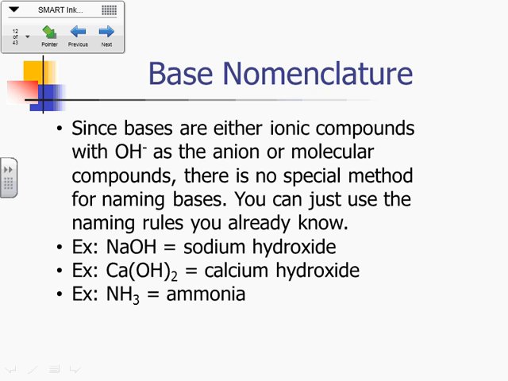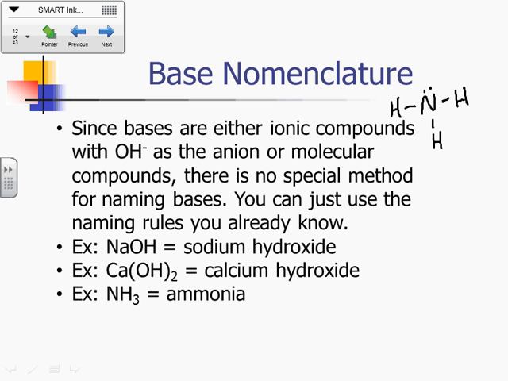NH3. Do we know if that's ionic or covalent? It kind of looks ionic, but when you've got a hydrogen with a non-metal, when the hydrogen comes at the end, then it's usually covalent, okay? So NH3, I think we've written the Lewis structure for NH3 quite a few times this year, haven't we? Looks like this, right?